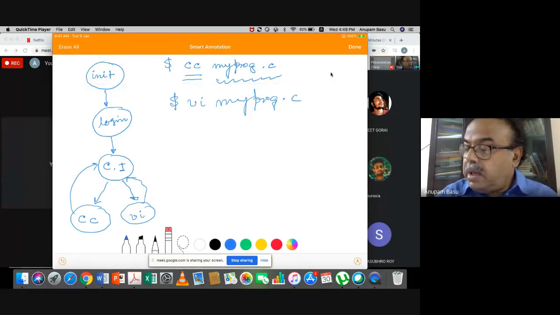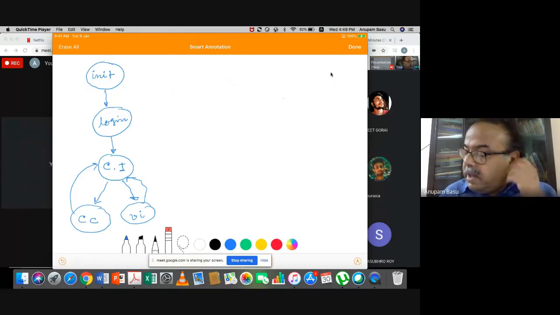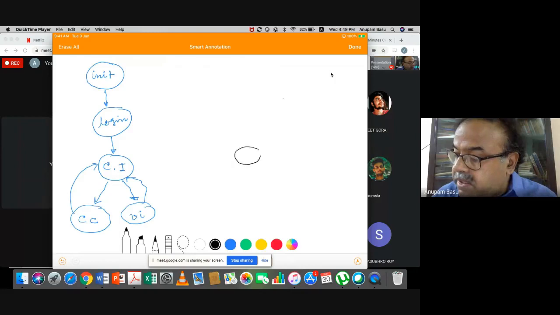So now let me draw an onion structure of the operating system, and I'll try to relate. At the very core of the system, this black part is the hardware.